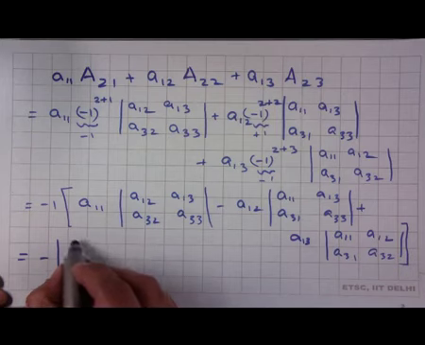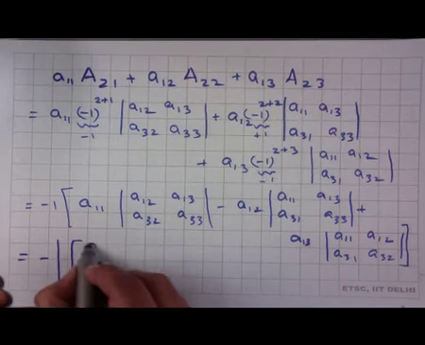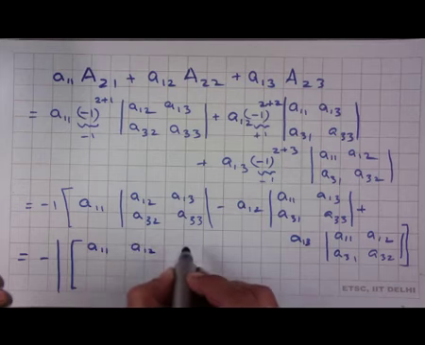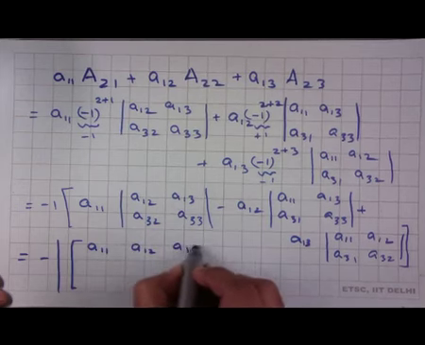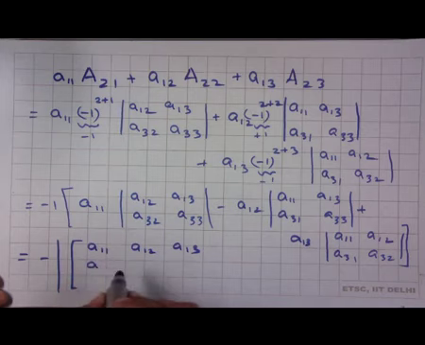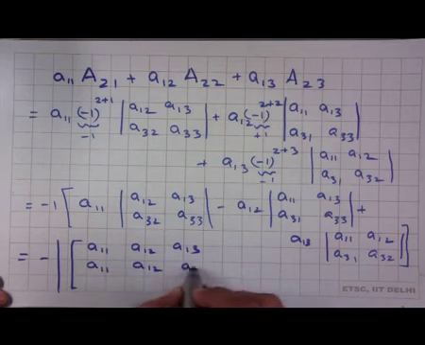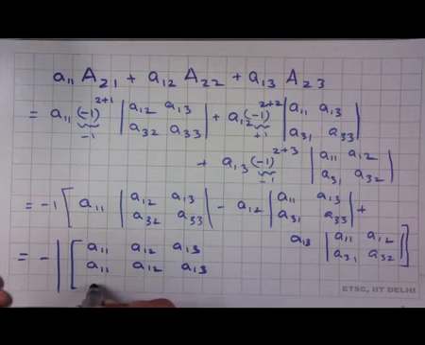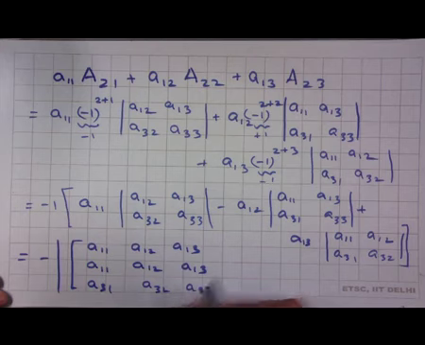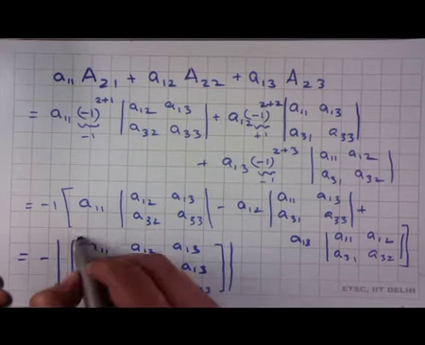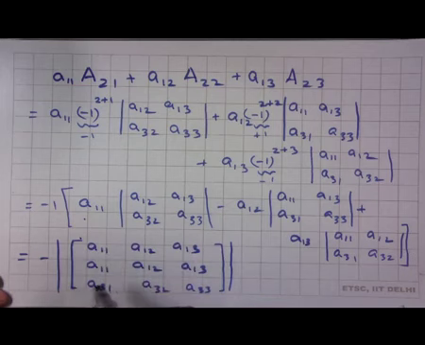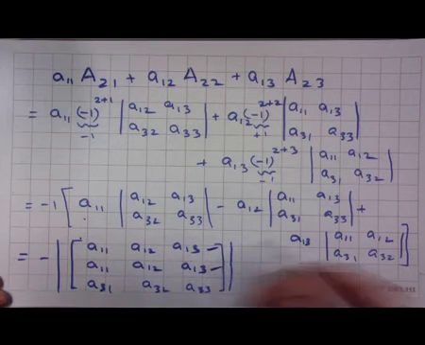If I say that this is the determinant of a matrix with rows A11, A12, A13, then A11, A12, A13, and A31, A32, A33, the step from here to here was by just expanding along this row, and what we see here is that there are these two identical rows, and from the previous property we know that this means that this determinant is 0.